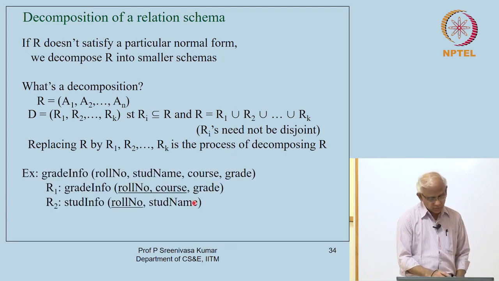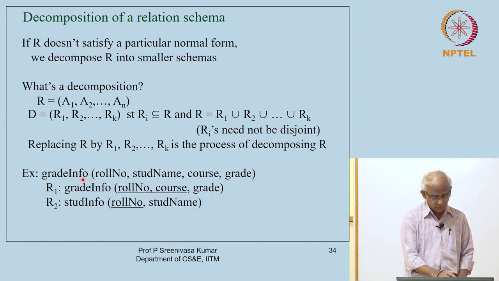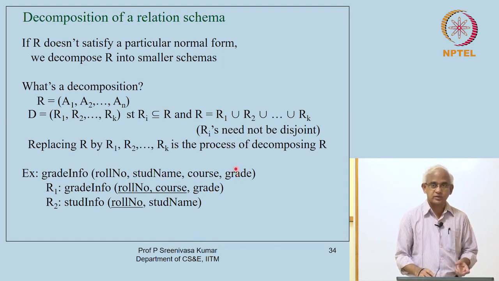For example, in the last lecture we were looking at this relation called grade info, which had roll number, student name, course and grade, and this was satisfying third normal form, but it still had redundancy in that. So we went for a stricter normal form, which is called the Boyce-Codd normal form.